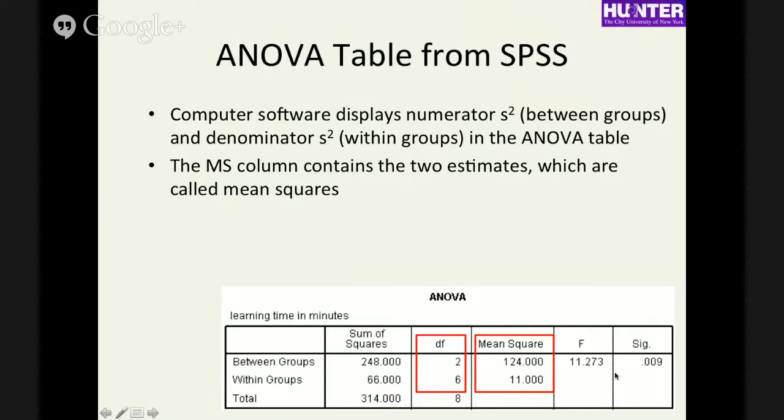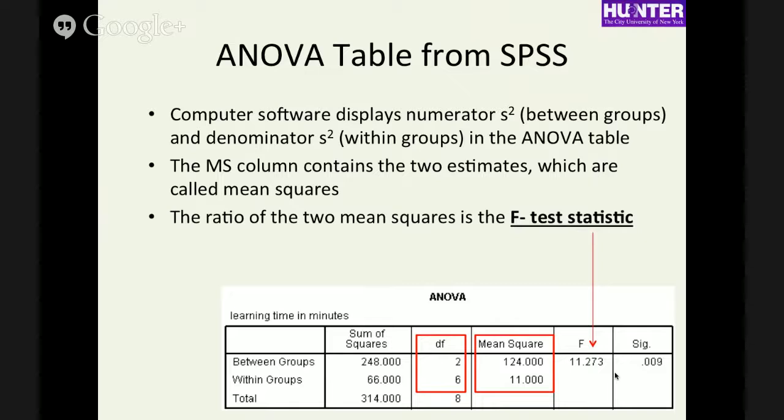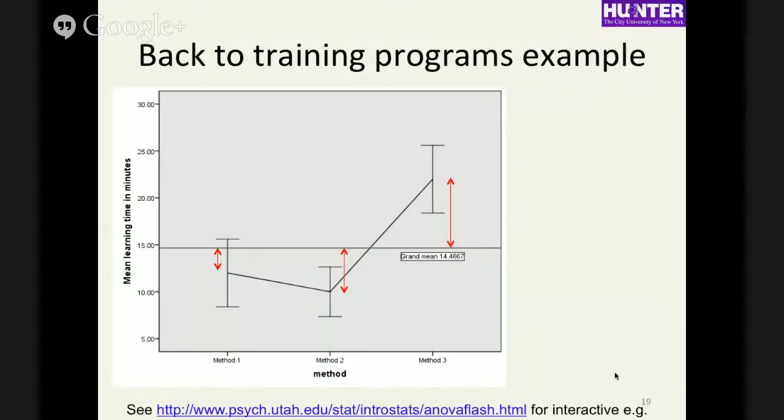And as we kind of guessed from the plot, this is a significant difference in the means. Yep, so your p-value is less than 0.05, and we're going to reject the null hypothesis.